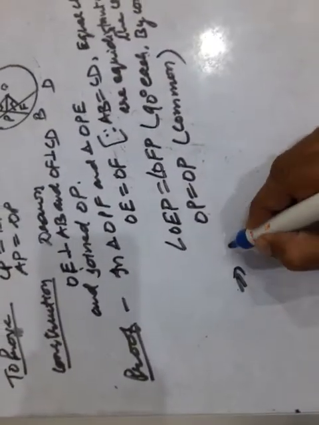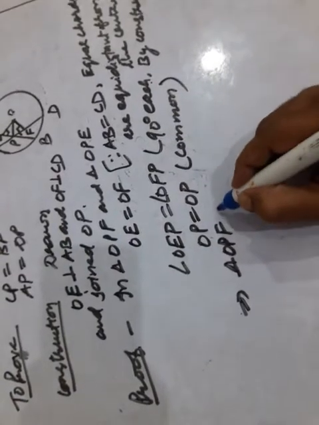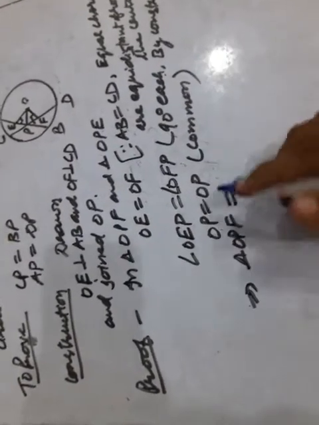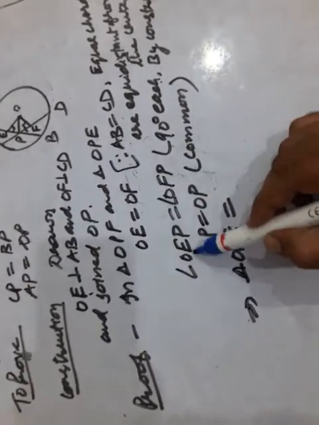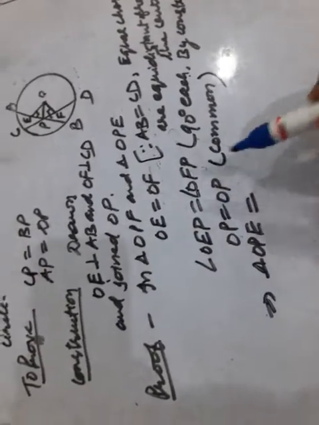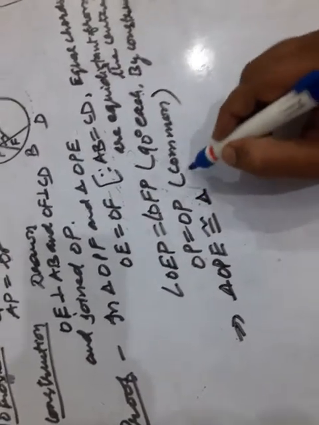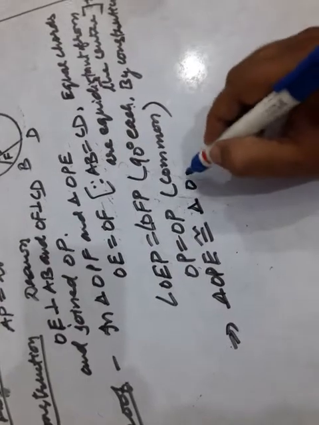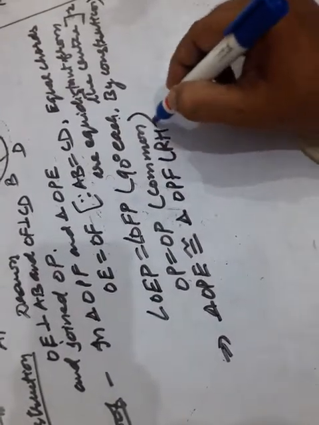This implies that triangle OPF is congruent to triangle OPE by the RHS rule.